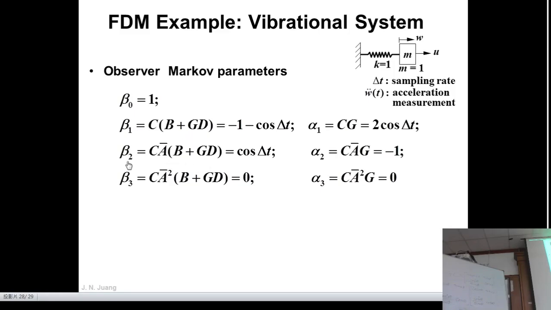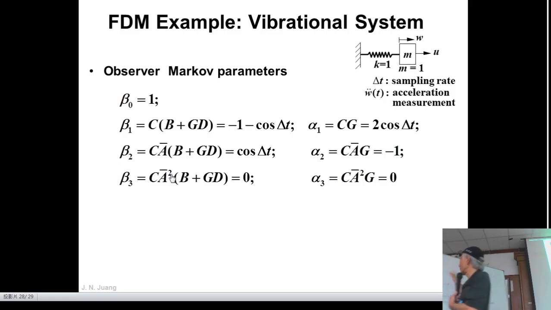Beta 2 will be C A bar B G plus GD, which is cosine delta t. Beta 3, look at this carefully: A bar squared is 0, so beta 3 equals 0.